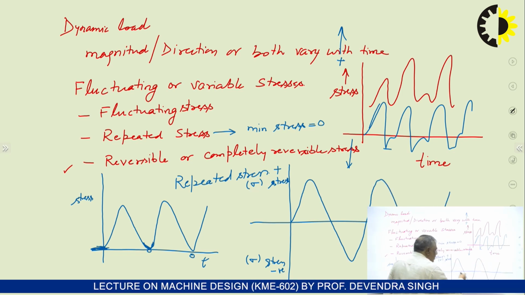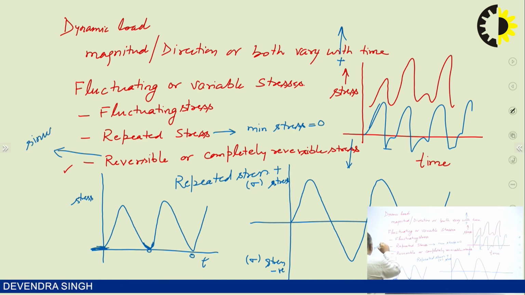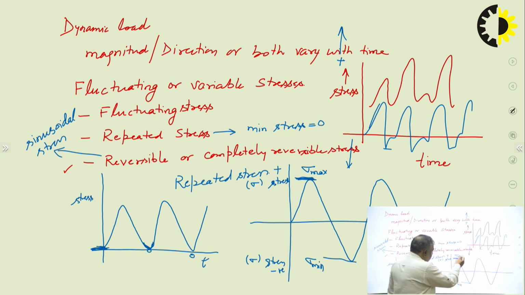If you see, this is a sine curve. So another name you will find in the literature is sinusoidal stress, right? This is sigma max. This I will say sigma minimum, right? So sigma max is positive, the same magnitude opposite in nature.